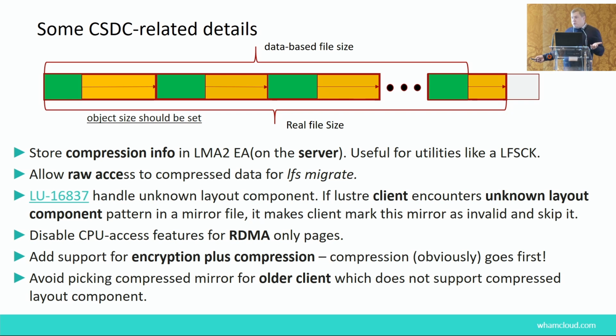Encryption plus compression works now, thanks, Sebastian. But we should always remember that compression goes first, because we cannot compress encrypted data. Older clients just see compressed data, so they have no decompression code. Also, the client knows that it can't decompress, so some logic is possible there.